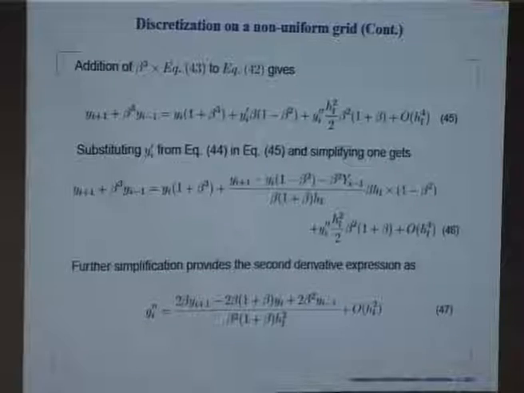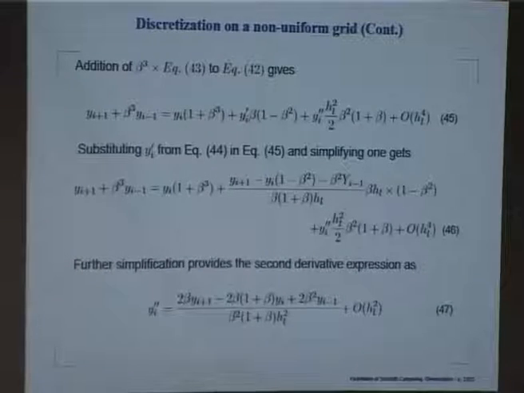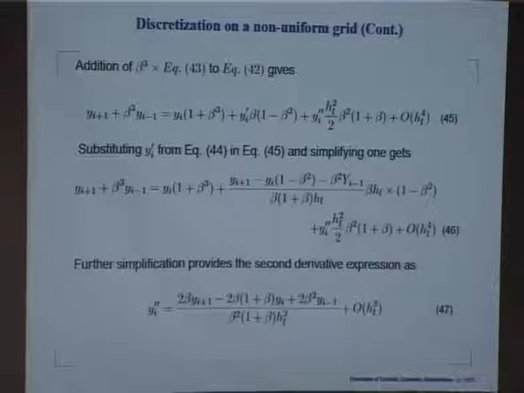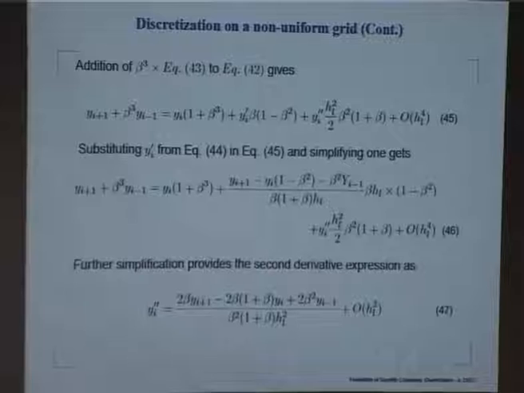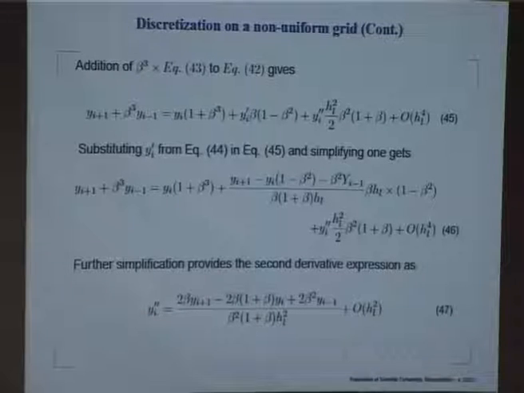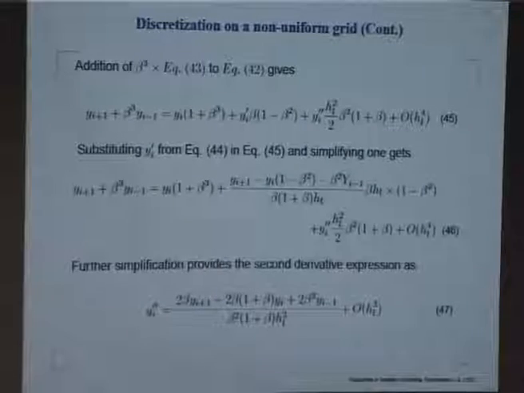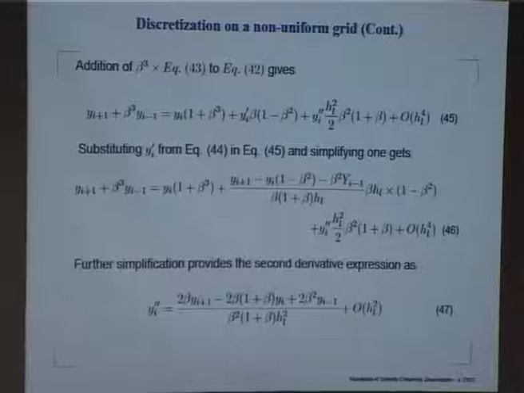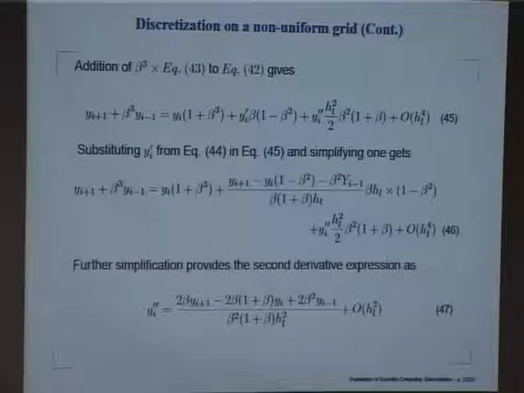By performing this, we have obtained an expression which involves everything, including y prime at x_i, but you know already we have expressions for this quantity. So, we can use that, and when we use that, this is what we get. Okay. So, this is again a second order accurate expression.